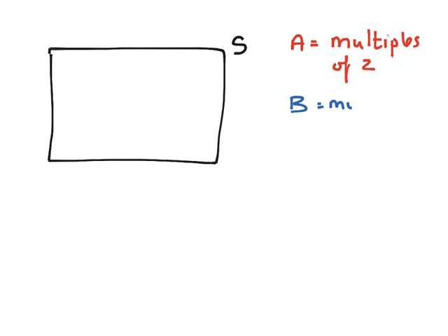Now, in this case, we use the same sample set, 1, 2, 3, 4, up to 20, but we're going to have different subsets. So in this case, we're going to have multiples of 2, and then in B, we're going to have multiples of 3.